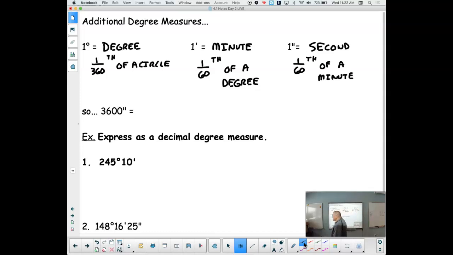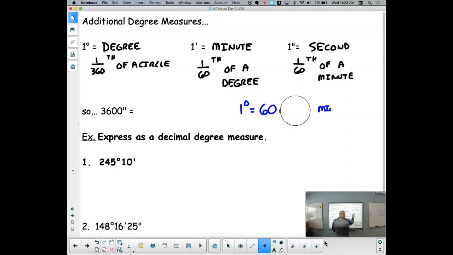So the conversions that we need, or the ratios, I think would be another way of saying it. Okay, so 1 degree equals 60 minutes. 1 minute, sorry, I put it in the symbol form.